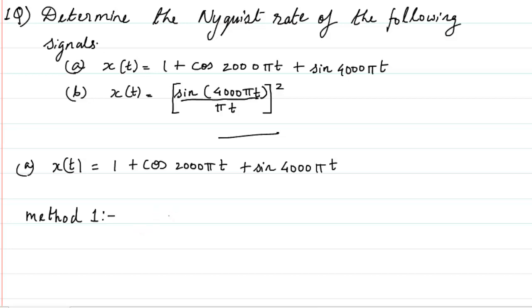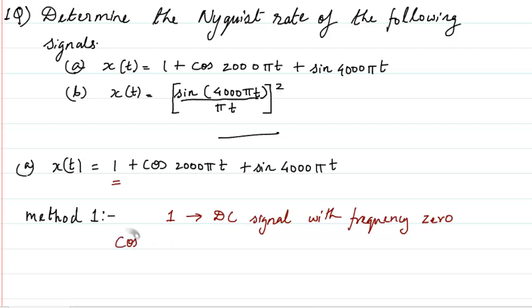So the first one, the one that we have here, is basically a DC signal with frequency 0. If you know, a DC signal has a frequency of 0, because it is not changing, it has a constant value.